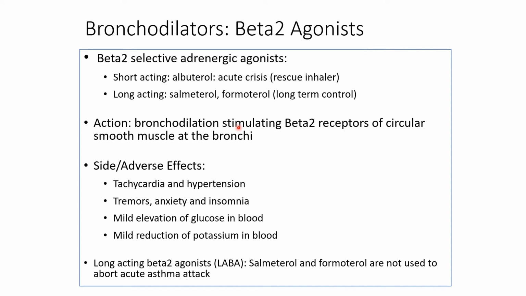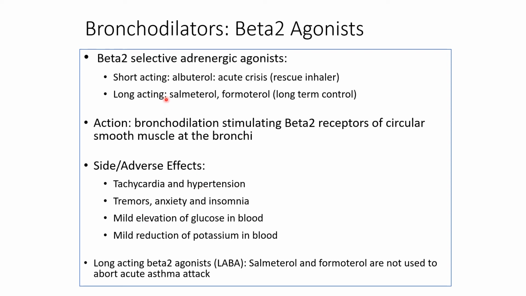You have a mild elevation of the glucose with this medication, and it's interesting, it can decrease the amount of potassium in the blood, which could be a useful intervention in patients that have abnormally high potassium in the blood. So in the future, you could see that sometimes they use albuterol to decrease high potassium in the blood. But that is apart.